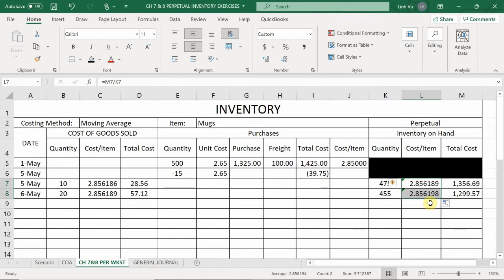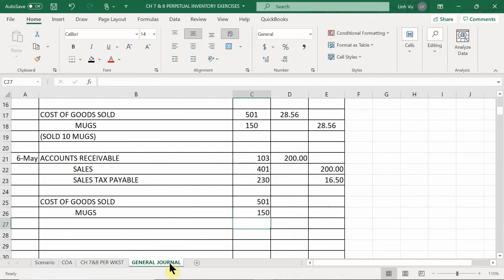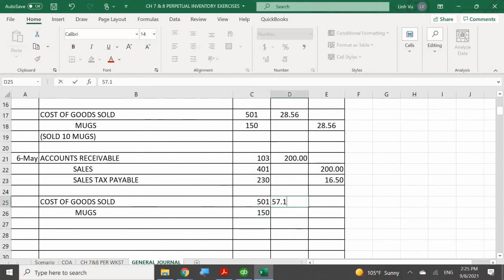Okay. All right. So there we are. We have our cost of goods sold at $57.12. So we need to update our journal because we need to say that we have $57.12 that we sold.